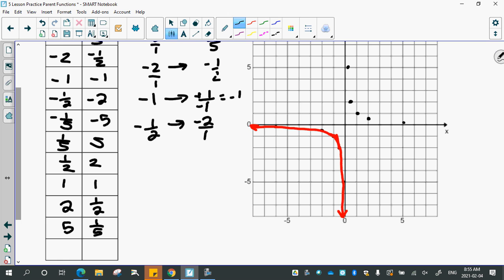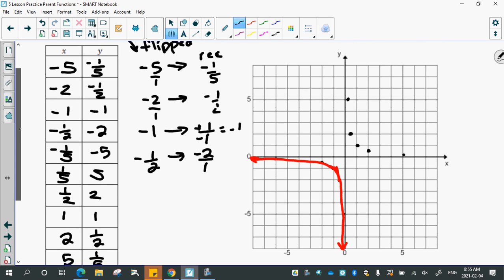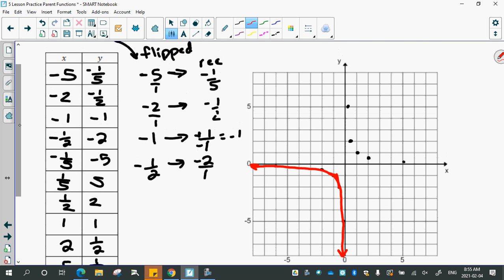So I've got the same thing happening up here. Start at 1, 1 and go upward, looking like you're getting closer and closer and closer, but not touching. And then downward. And then we're going to add in our asymptotes. These are like our guardrails, showing that we always stay above or below them.